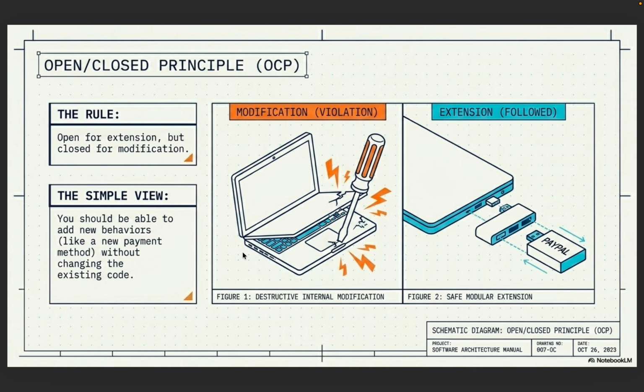Did the phone need to be redesigned for these changes? No, right? They extended the charging options, not modified the entire phone. That is what we call the open closed principle. Your system should allow adding new features without changing old working parts. A simple line to remember: extend, don't break.